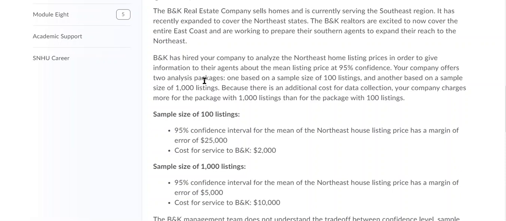Your company offers two analysis packages, one based on a sample size of 100 listings and another based on a sample size of 1,000 listings. Because there's an additional cost for data collection, your company charges more for the package with 1,000 listings than the package for 100 listings.